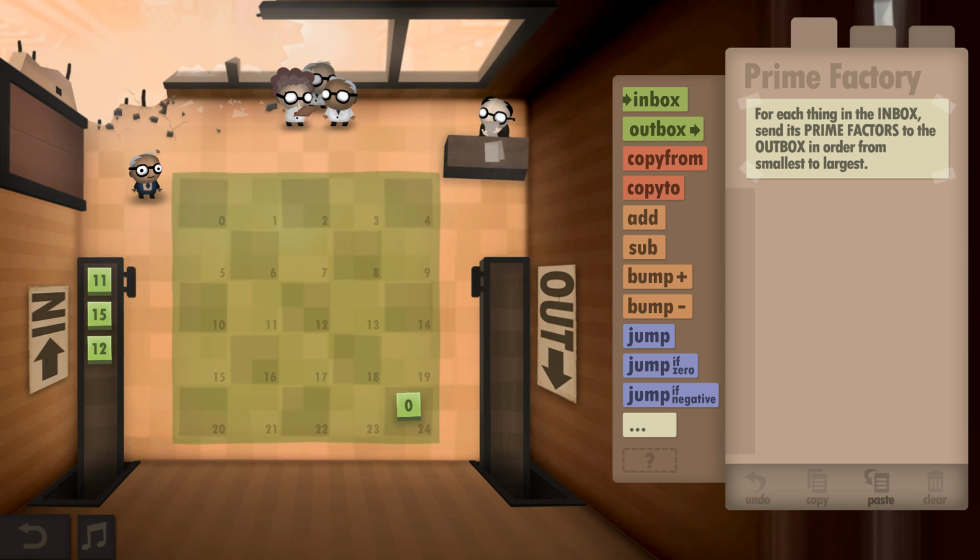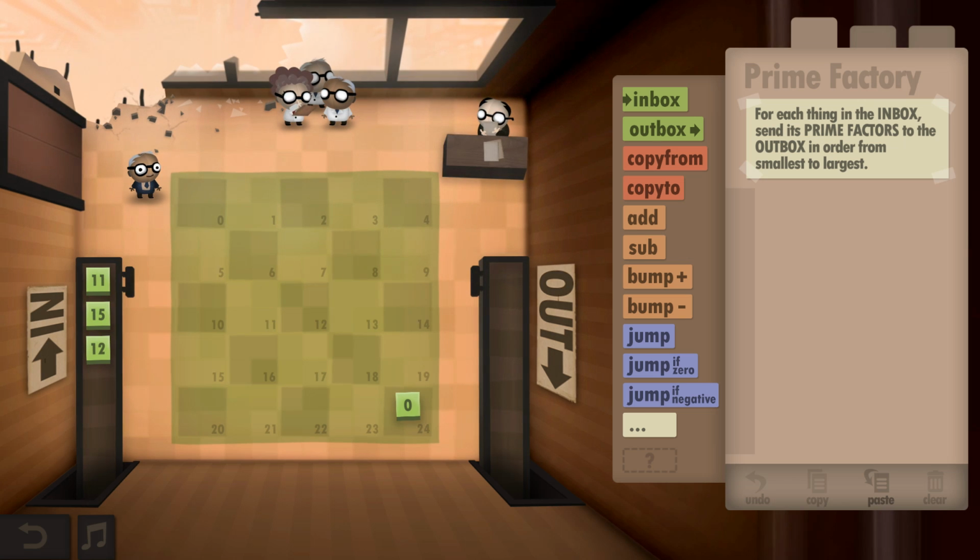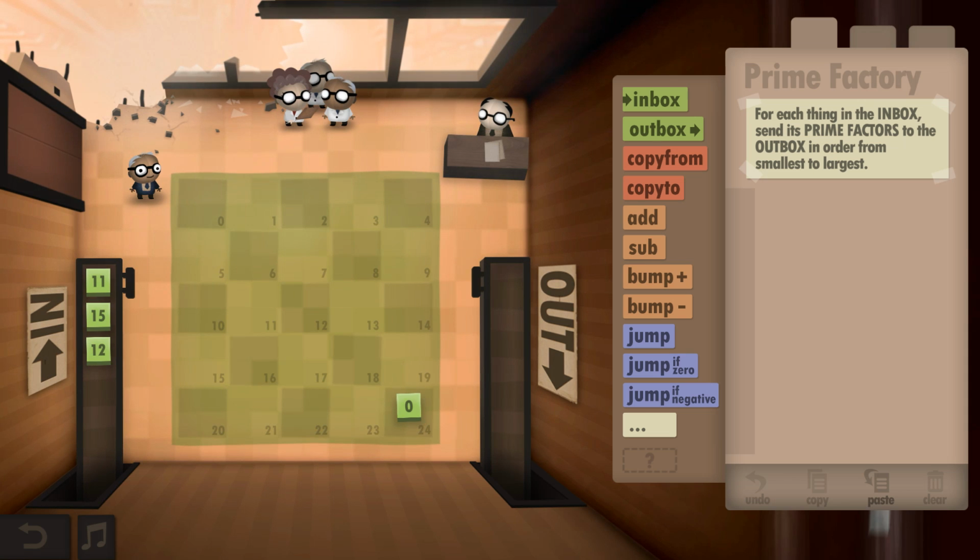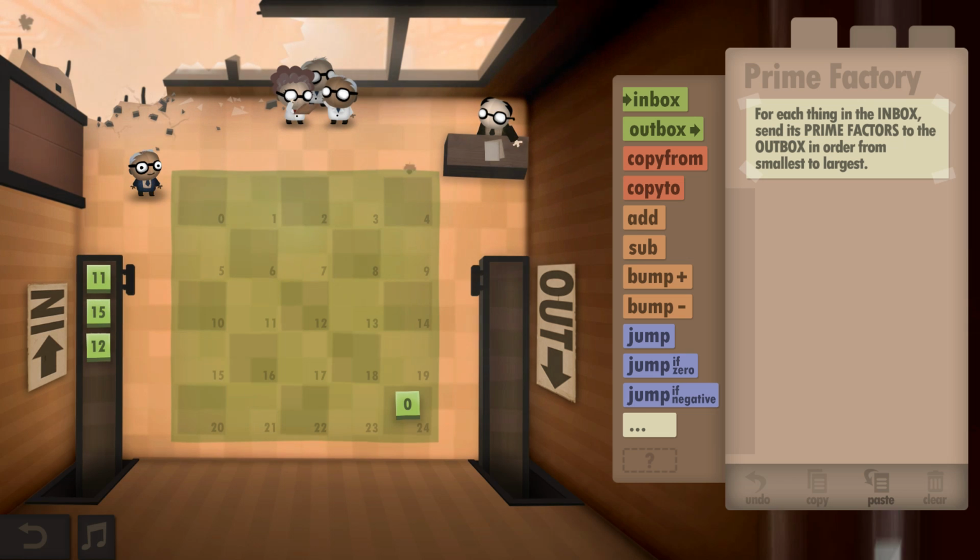Let's Google prime factors. What's the best way to do that? Do I just try? Do I just divide? But where do I start?